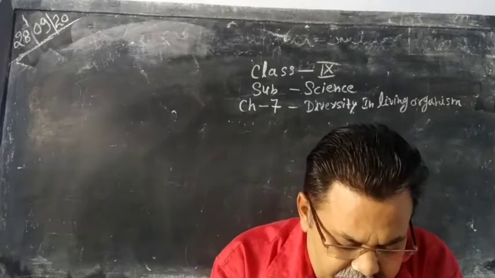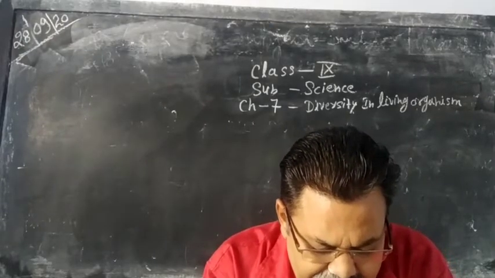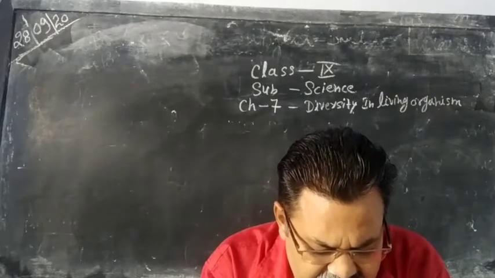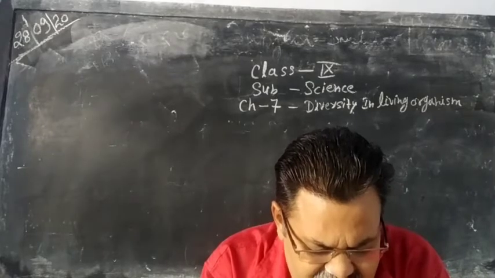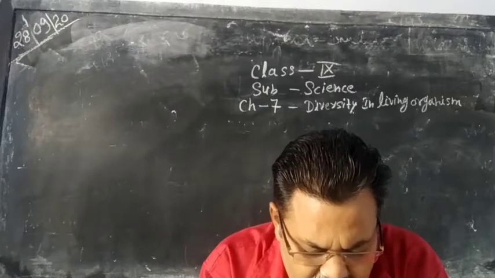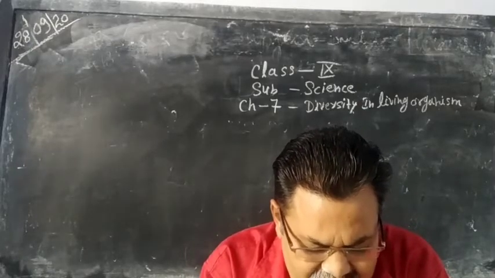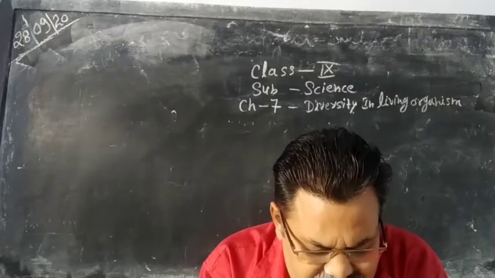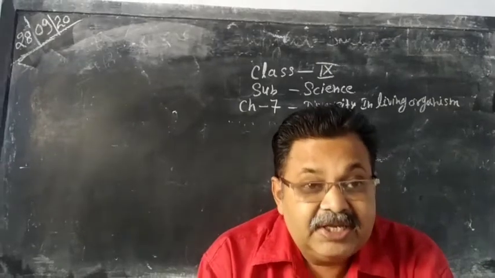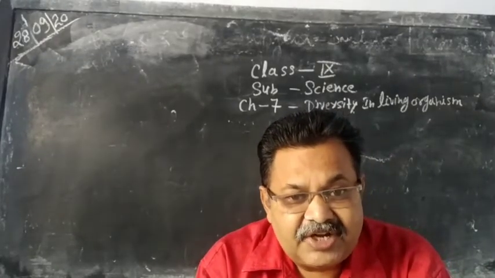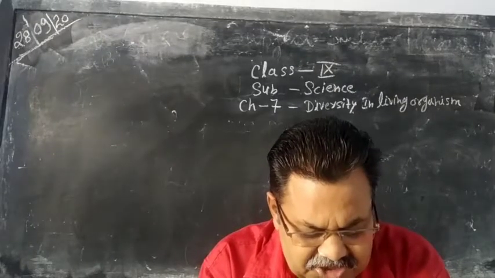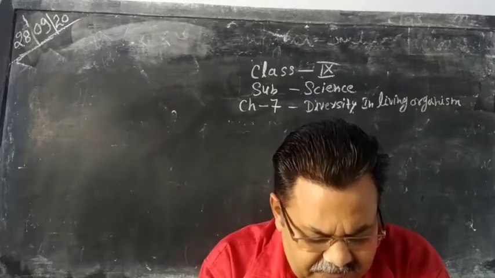For example, on our planet, biodiversity is seen in a few countries such as Brazil, Colombia, Ecuador, Peru, Mexico, Zaire, Madagascar, Australia, China, India, Indonesia, and Malaysia. In these countries, the difference in living things is seen easily. So this differentiation is known as biodiversity.